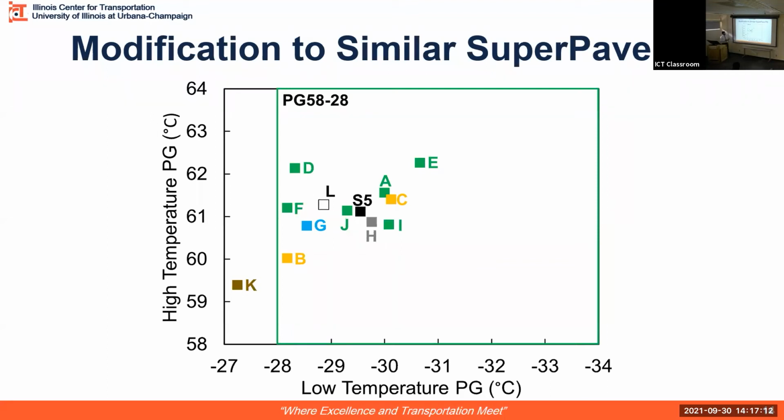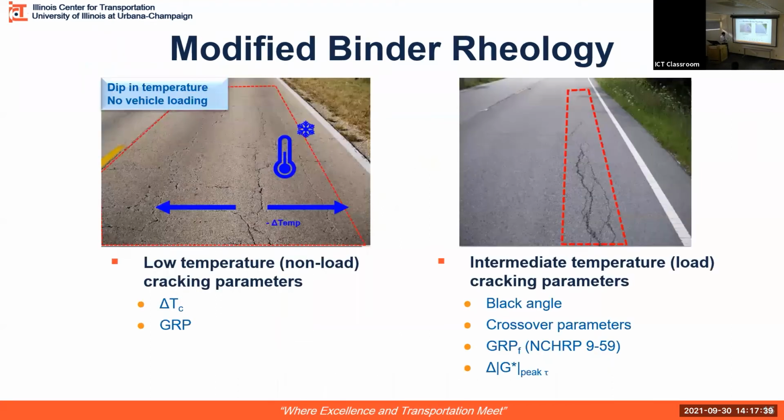Just a note that we were not able to modify the Rheology modifier using this base binder. However, it was close to 58-28, so we kept it in our inventory of characterization. It's very close, but it was not able to modify with this base binder. If we change the base binder, we were able to move this into an acceptable 58-28, and while I will not be able to discuss the effect of source, it can be looked at in our report.